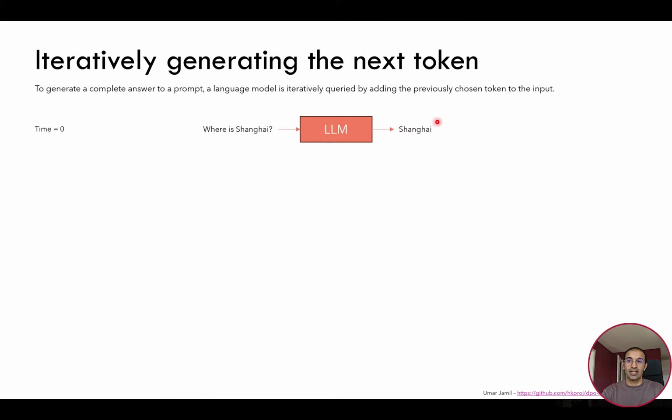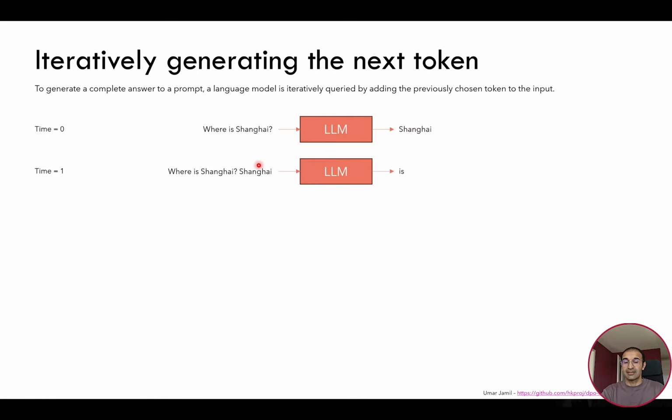We take this token, we select it, and we put it back into the prompt, and we ask again the language model, what is the next token? Then the language model again will give us a list of probabilities over the possible next tokens. We select the one that we think is the most relevant, usually the one that is most probable.